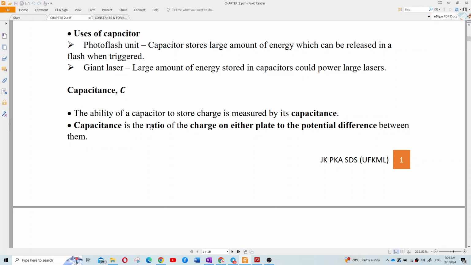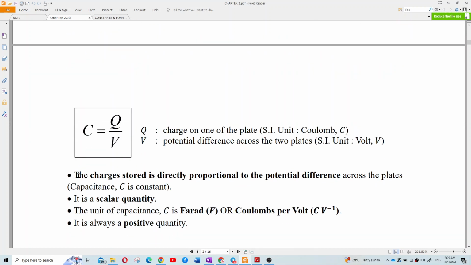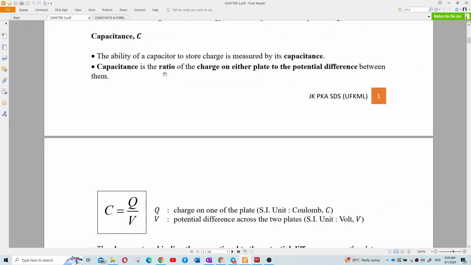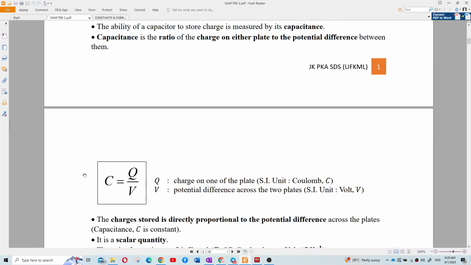Capacitance is the ratio of the charge on the plate to the potential difference between them. This is the formula: ratio of charge over potential difference, or sometimes you call it voltage. This is the definition for capacitance.